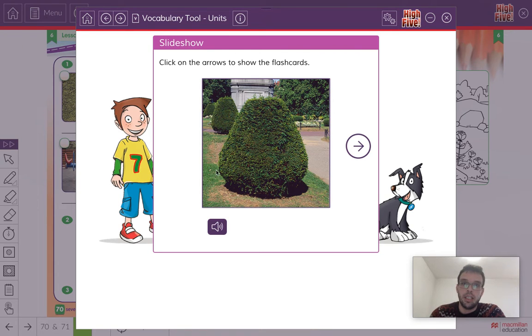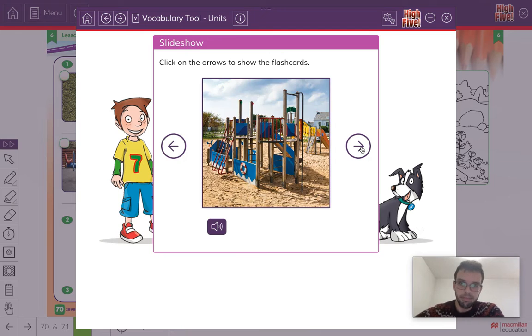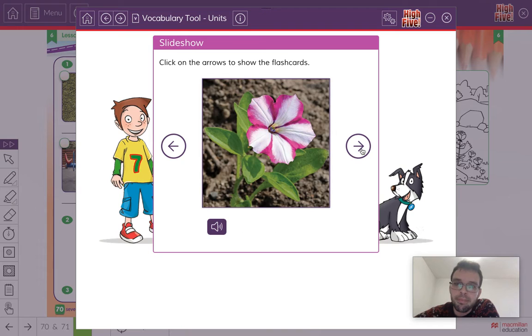Okay, now when you see the picture, try and remember the word. All right. So, what was this? What is this? Do you remember? Bush. It's a bush. What is this? Do you remember? Climbing frame. It's a climbing frame.